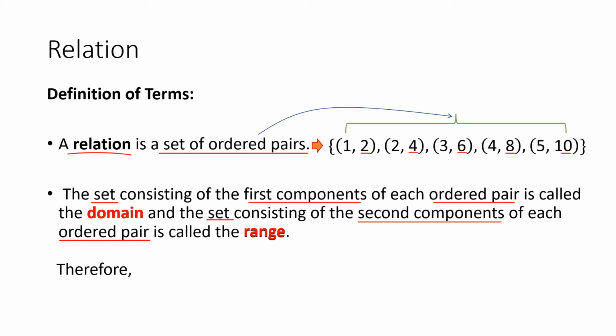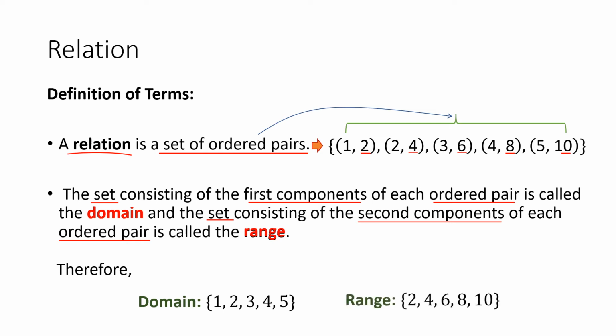So if we are asked, what is the domain of this relation? The domain is the set {1, 2, 3, 4, 5}, which is the set consisting of the first components of the given ordered pairs, while the range is the set {2, 4, 6, 8, 10}, the set consisting of the second components of each ordered pair.